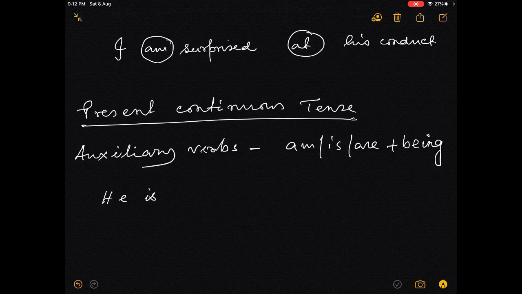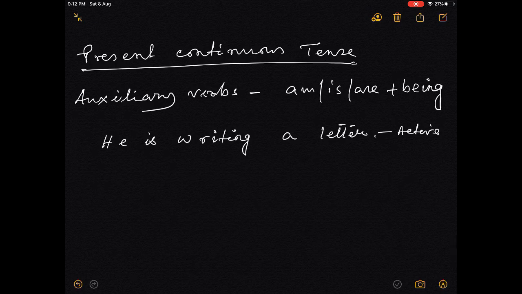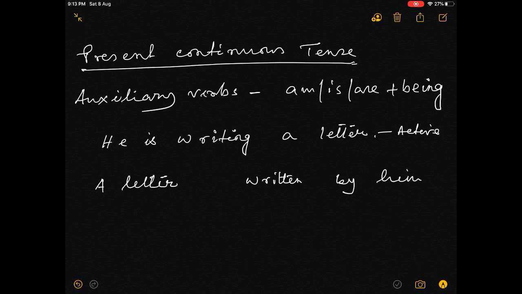He is writing a letter. Active voice. It will be the same thing, a letter written, everywhere written, by him everywhere. Here will be is being, because here the subject is third person singular number.